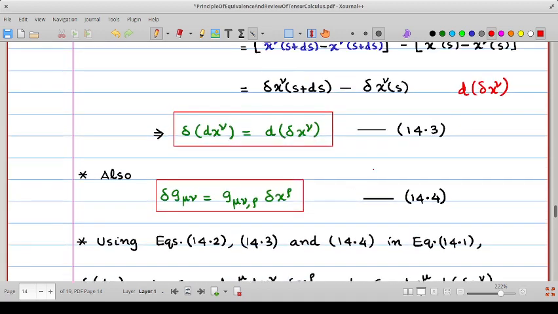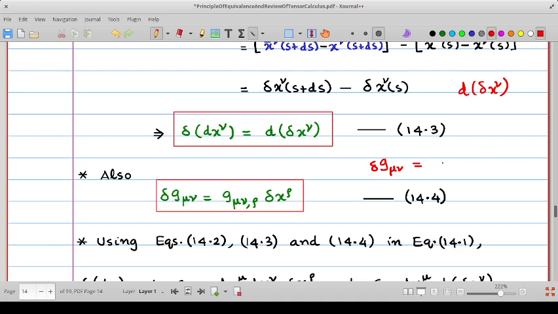And we also have this expression for the variation in the metric tensor, which is delta of g mu nu. We see that g mu nu is a field and it depends upon the coordinate values. So the change in g mu nu is because of the change in the coordinate values.